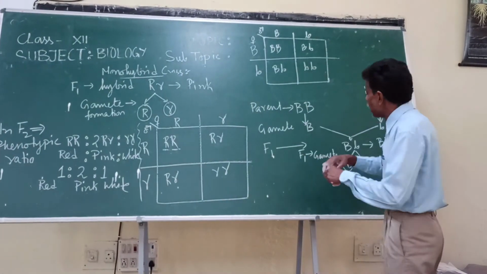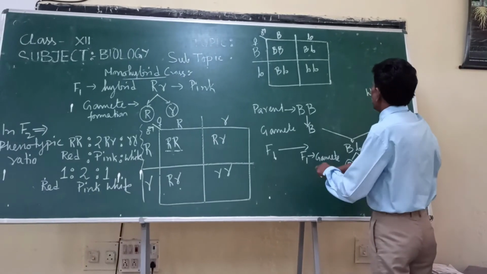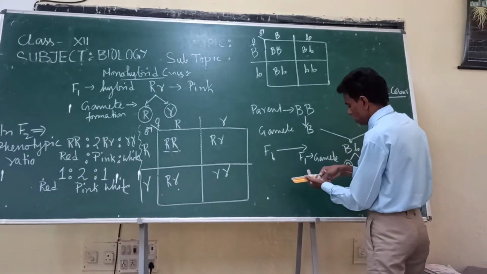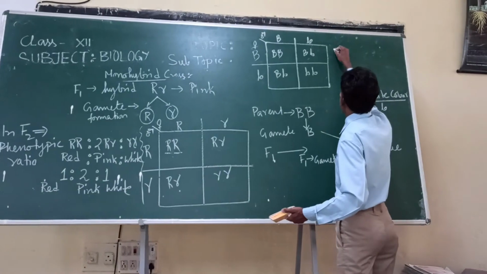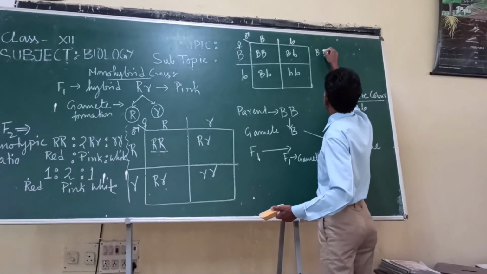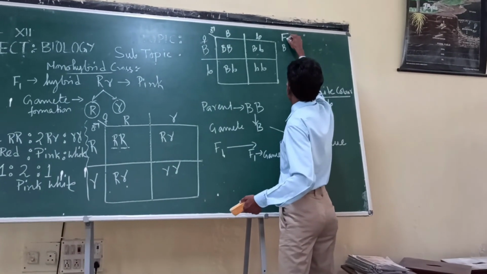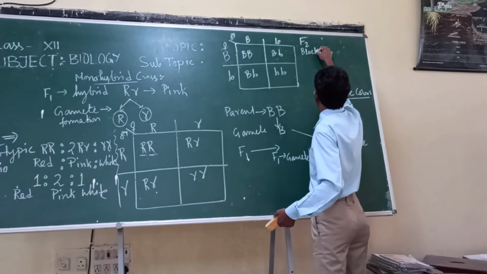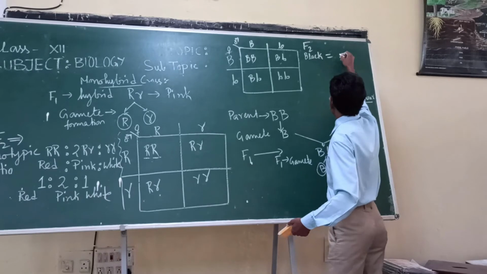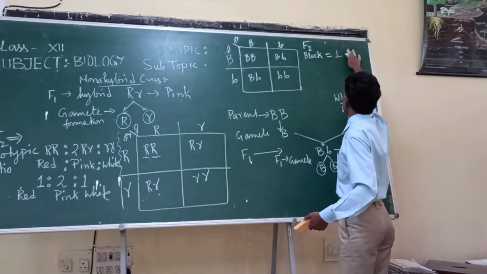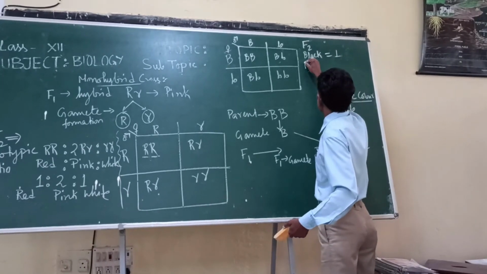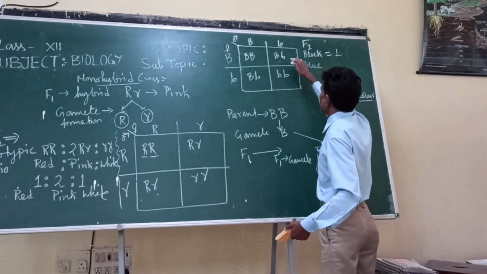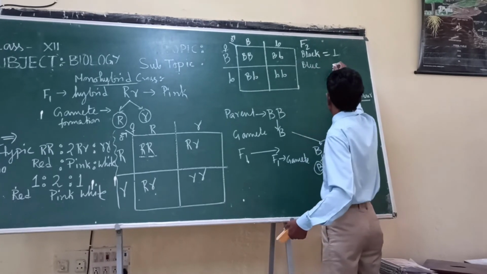What is the resultant progeny? That is the F2. In F2 we are now getting black, out of 4, 1. Blue, out of 4, 1 and 1, 2.